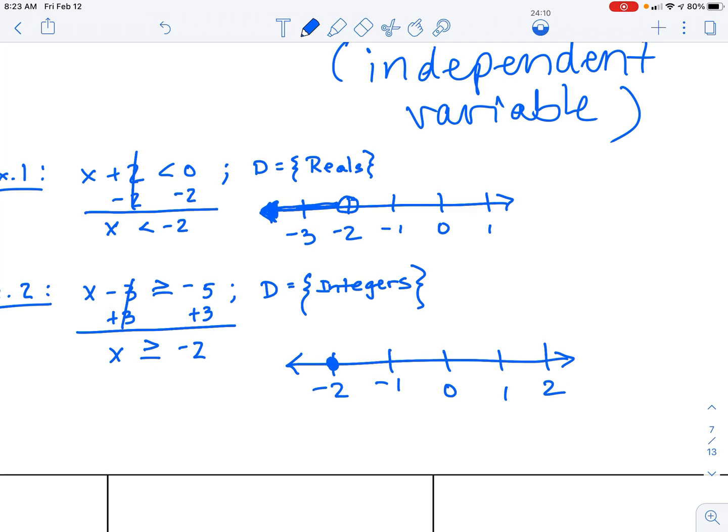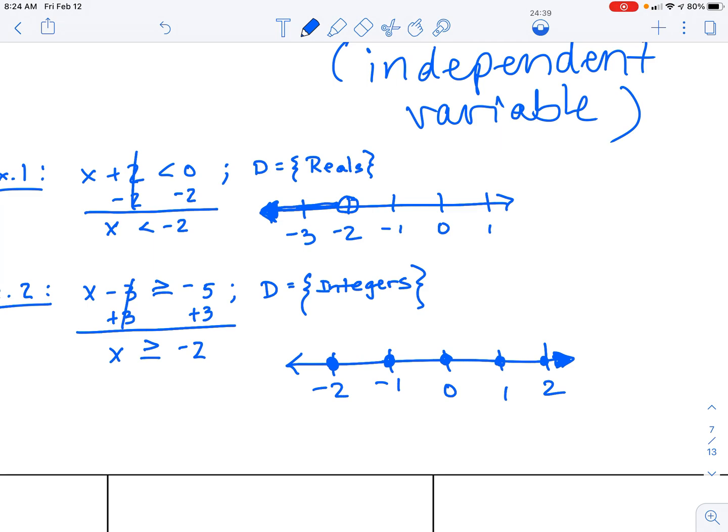It includes all the integers that are greater than or equal to negative 2. So it includes negative 2, negative 1, 0, 1, 2, and so on. So we have to color in that arrowhead to indicate that it includes all the integers heading on in that direction to the right on our number line. Okay, but remember, it does not include any of the numbers in between because integers are not those numbers.